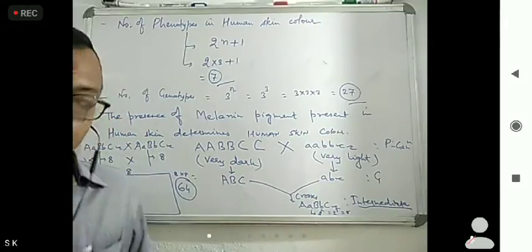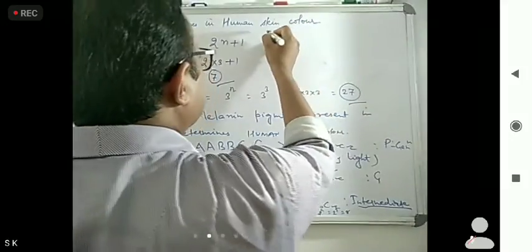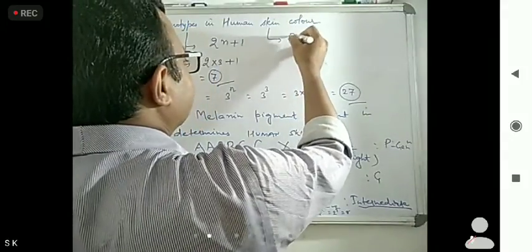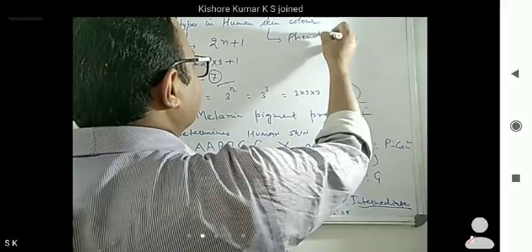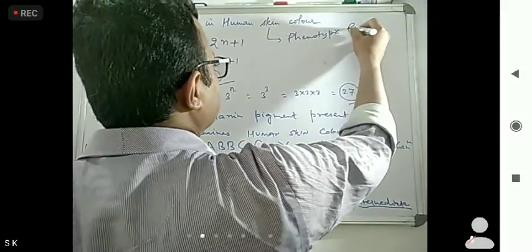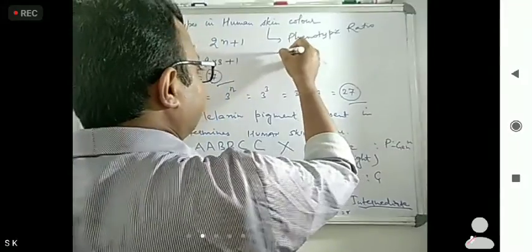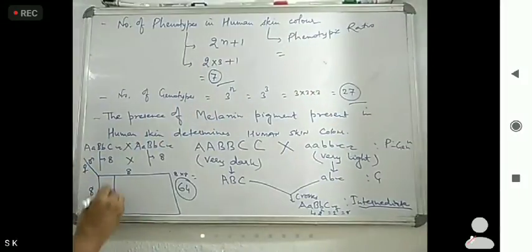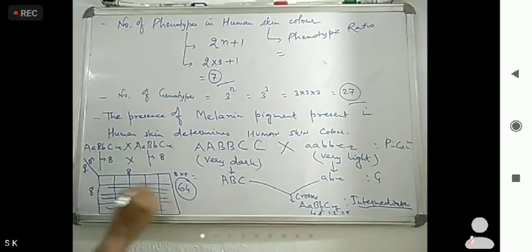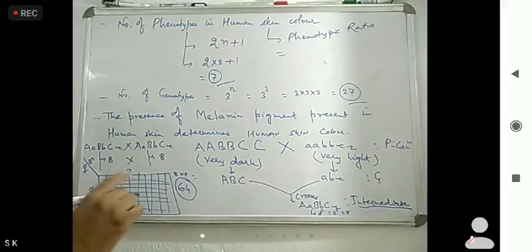Okay. Now directly we will come to the human skin color phenotypic ratio. This you have to remember. Okay, phenotypic ratio. So out of these 64 types, you will see the details of how many are coming.